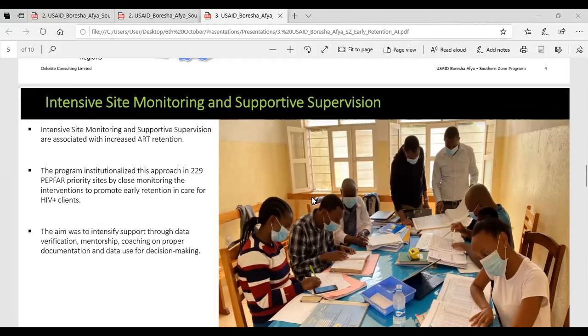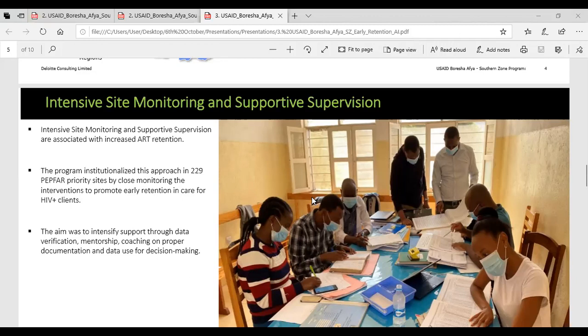Since 2016, when the program started, we actually started this initiative in late 2017, where we institutionalized the approach of intensively supporting PEPFAR priority sites, Tier 1 and Tier 2 sites, where in the program we have a total of 229 among the 618 sites that are currently supported.